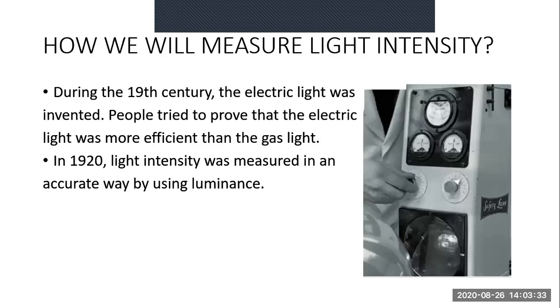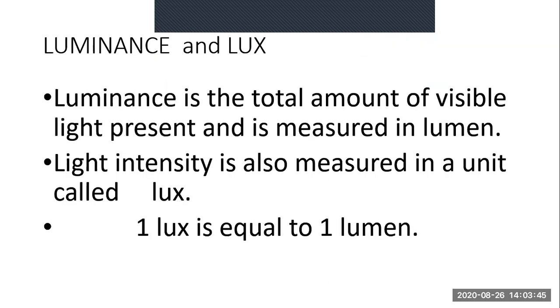In the 1920s, light intensity was measured using luminance. Luminance is the total amount of visible light, and this total amount of visible light is measured in lumen. And 1 lumen is equal to 1 lux.